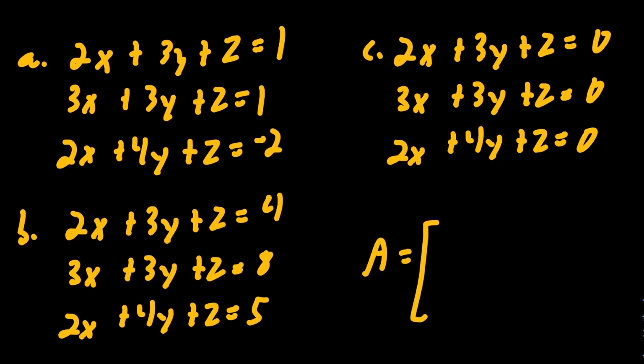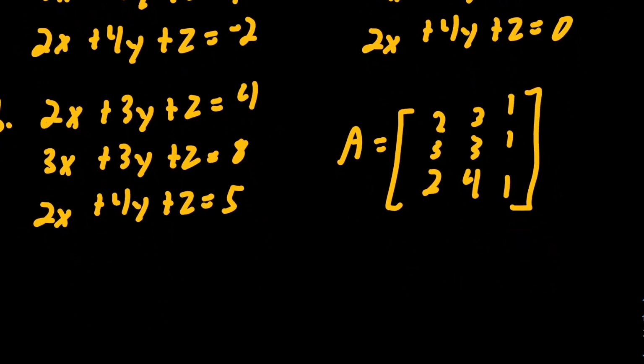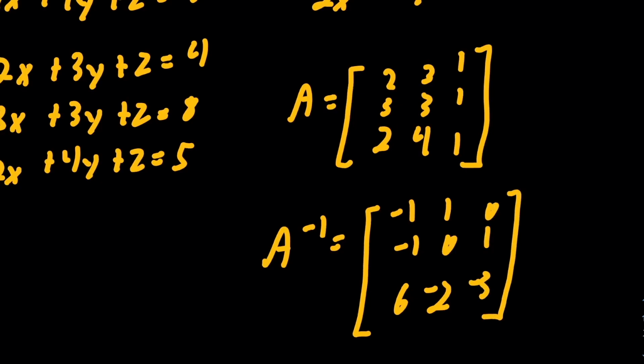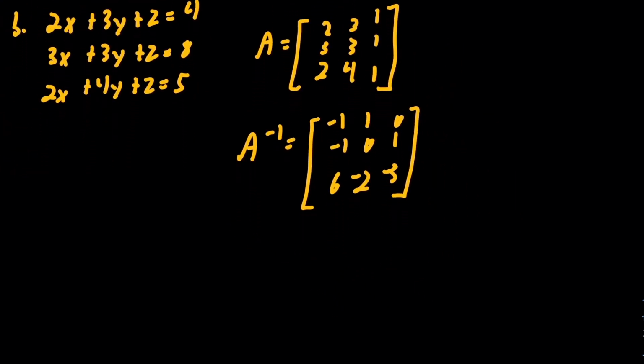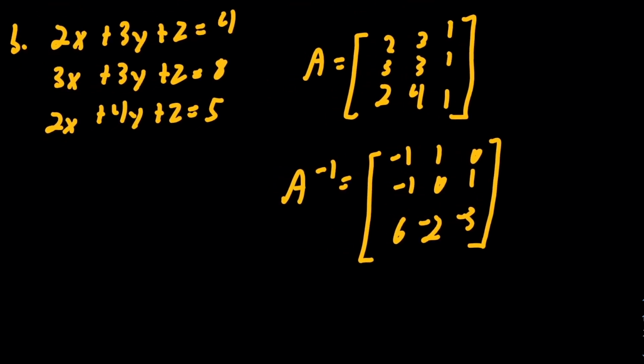It's simply 2, 3, 2 in the first column, 3, 3, 4 in the second column, and a column of ones. Plug that into your graphing utility to find the inverse, and we get negative 1, negative 1, 6, 1, 0, negative 2, 0, 1, negative 3, and boom. That is our inverse using Gaussian elimination, or if you're smart, plug it into your graphing utility.